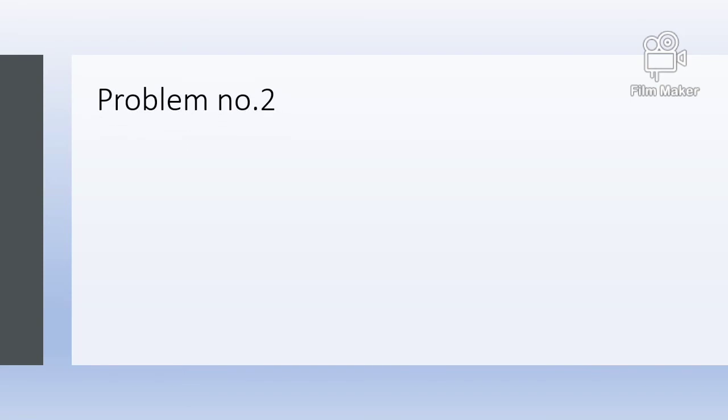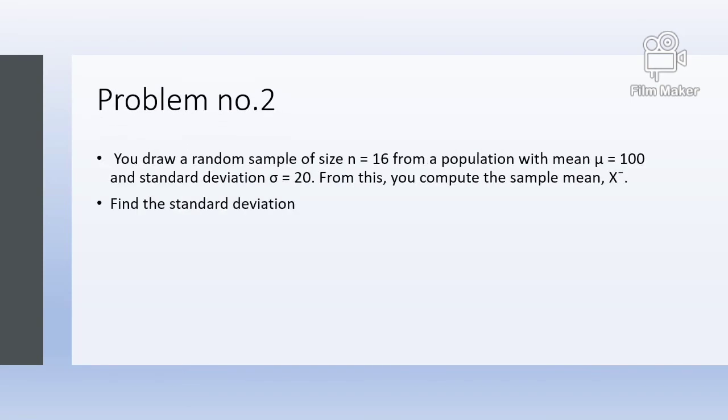Problem number 2. You draw a random sample of size n is 16 from a population with a mean of 100 and a standard deviation of 20. From this, you compute the sample mean. Find the standard deviation.